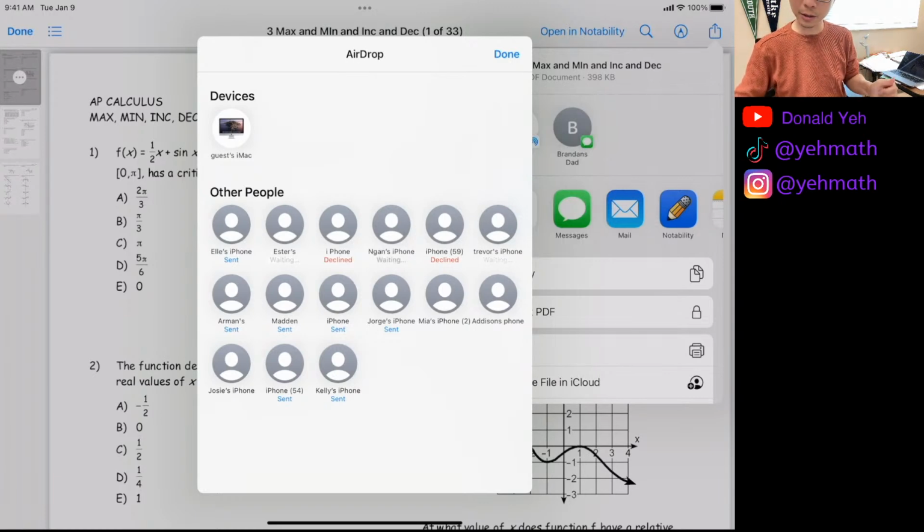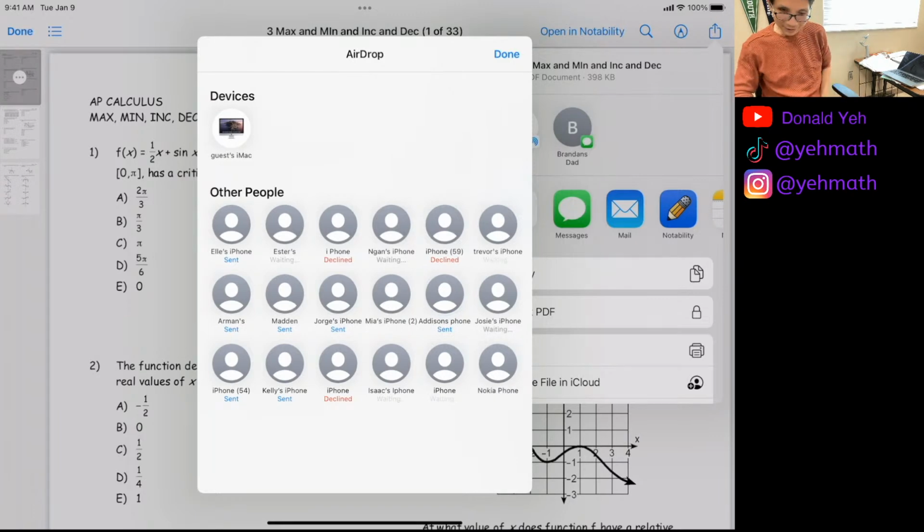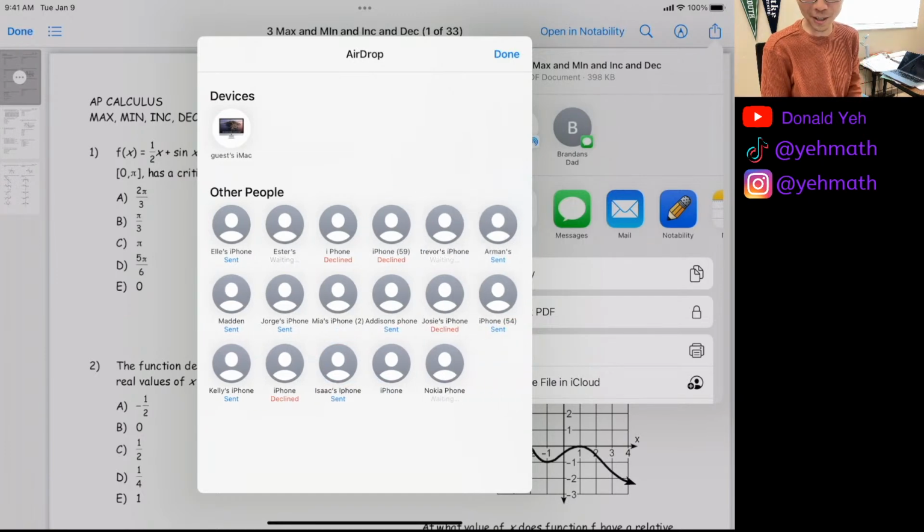So did you get airdrop? I didn't get it. I'm just dropping to random people. I don't even know whose device it is. Why am I getting it twice? If you come near my hallway, I'm gonna randomly airdrop you homework from calculus. I just declined it. Isaac actually received it. I'm like, what the heck?